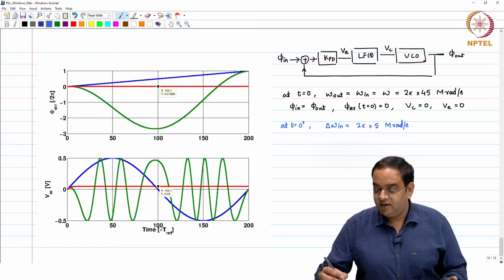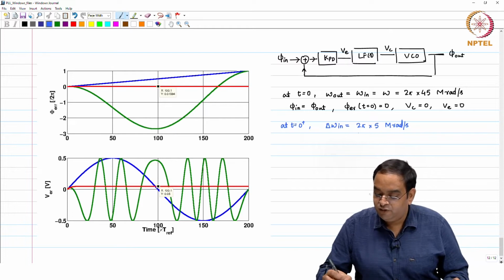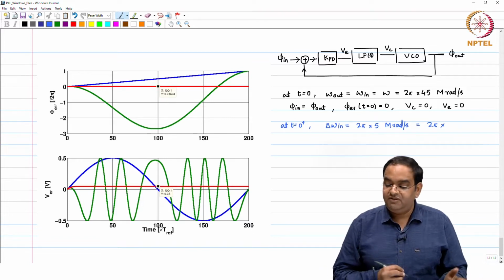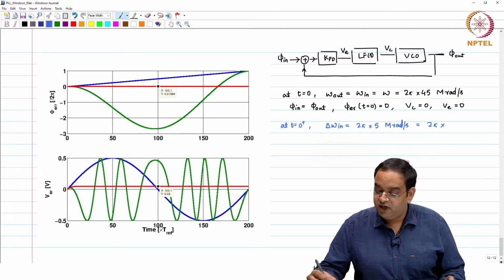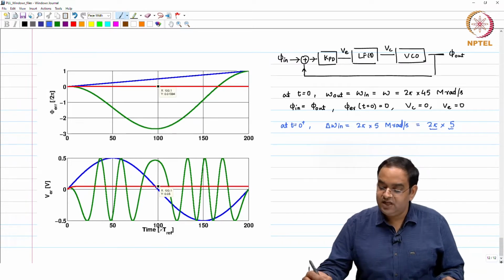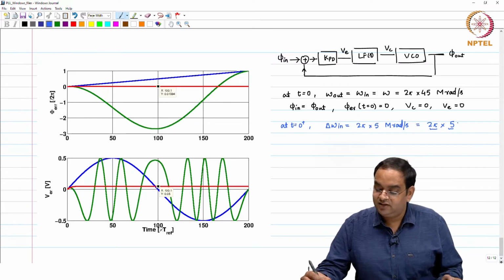You might be worrying why I always use 2 pi into 5, because I just want to give you an explicit number which is easy for calculation, where this is 2 pi, this converts from frequency to radians, and this is frequency. So, if you are asked the frequency in hertz, this is like 5 megahertz here.